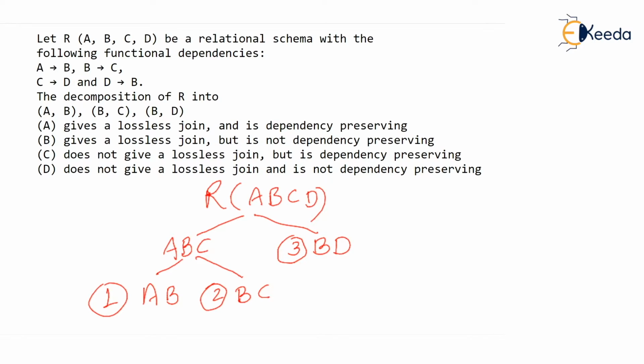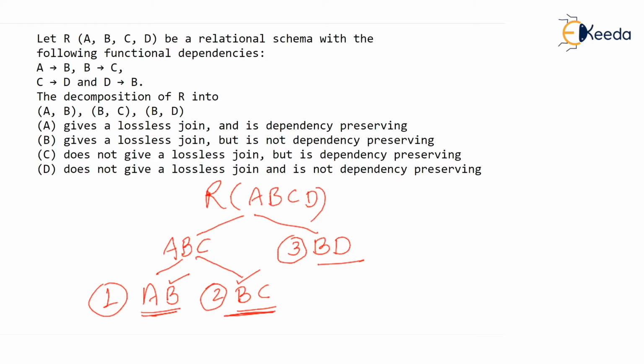So if you check from the bottommost, these tables 1, 2, 3, first of all let us check tables 1 and 2. They have B as a common attribute, and this common attribute has to be a candidate key in at least one of the two tables.